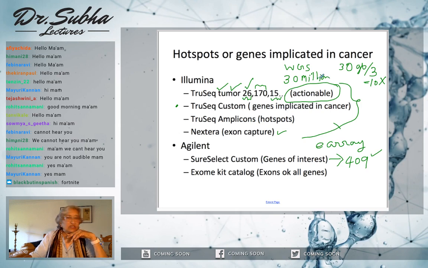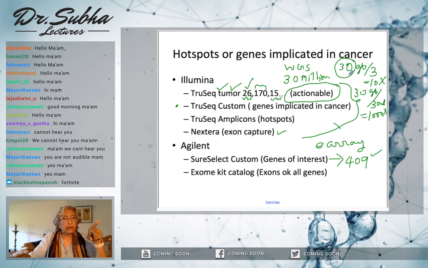Even if I'm interrogating every position that codes for an exon, it's only 30 million positions. So if I create the same 30 GB of data, 30 GB divided by 30 MB equals 1000x.